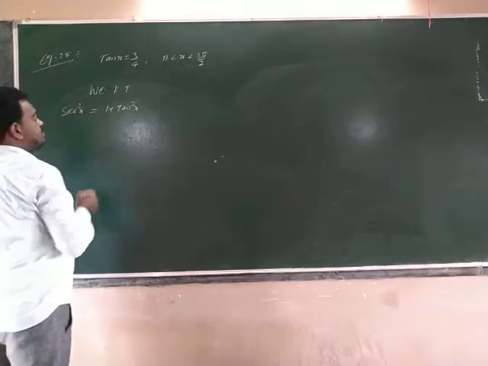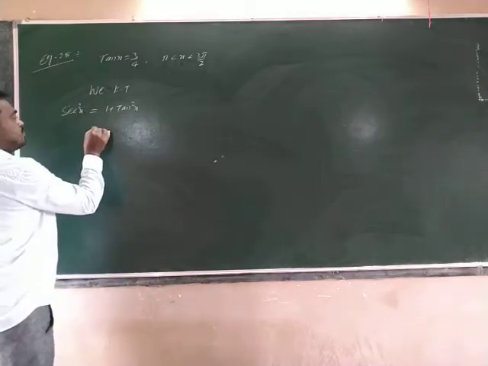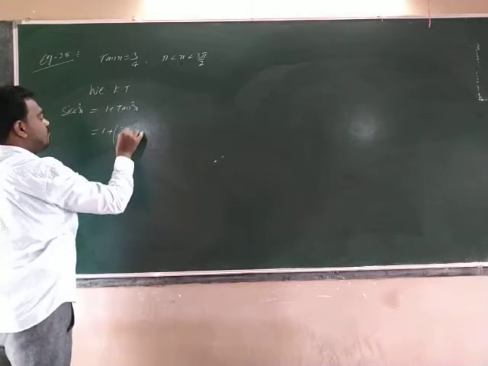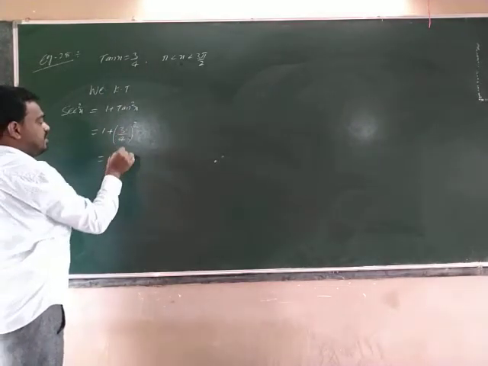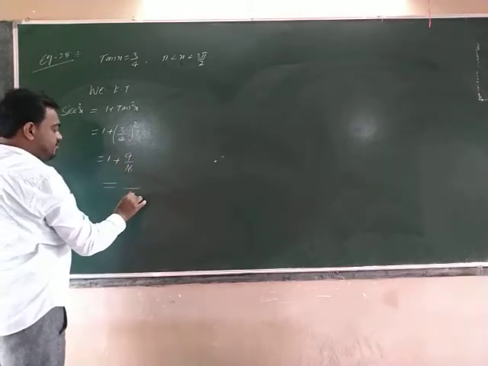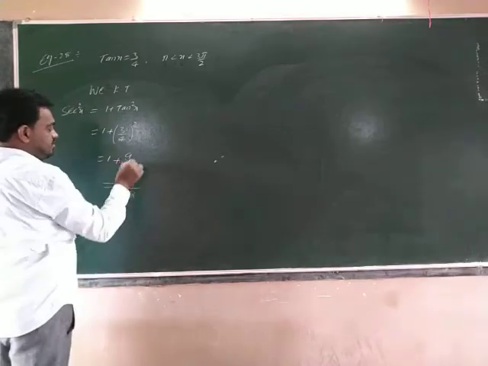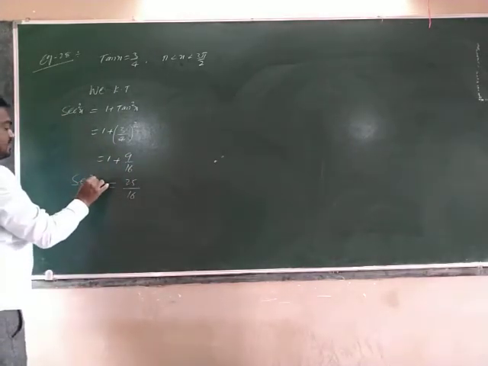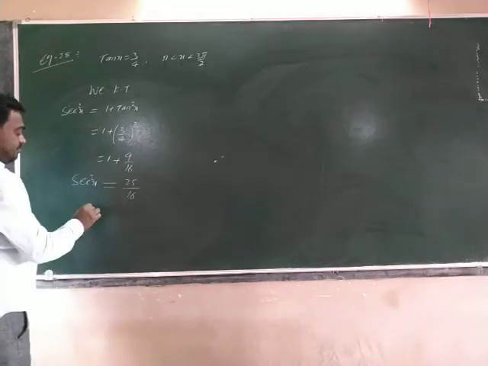So 1 plus tan square x is 1 plus 3 by 4 whole square, which is 1 plus 9 by 16. 16 is the LCM: 1 into 16, 16 plus 9, 25. So secant square x is equal to 25 by 16.